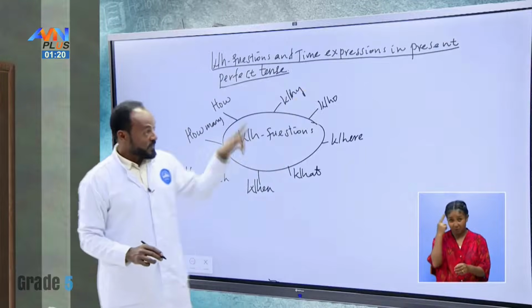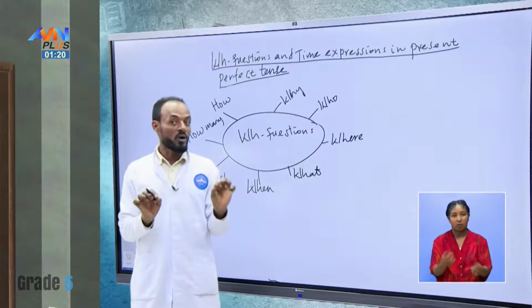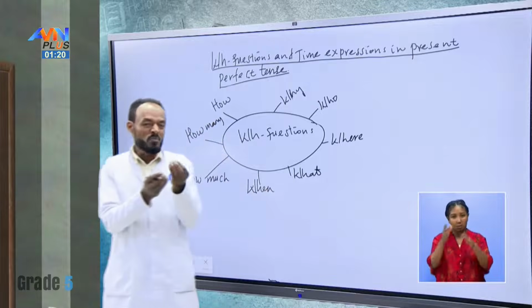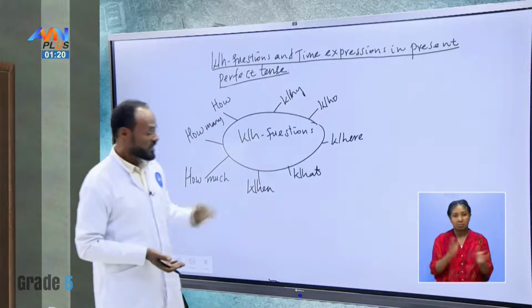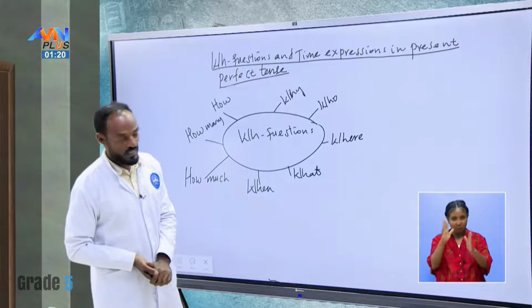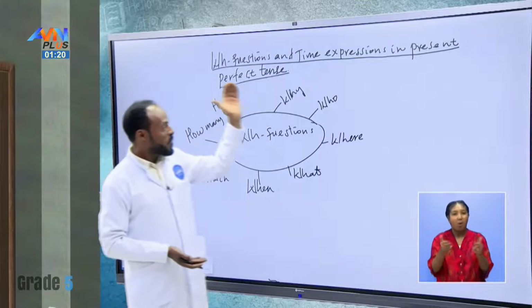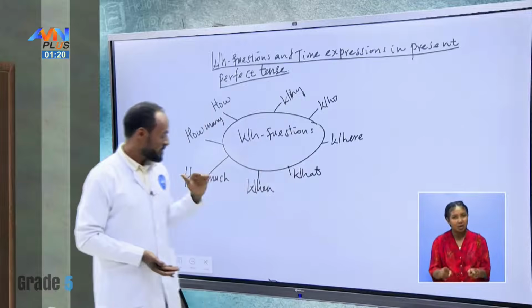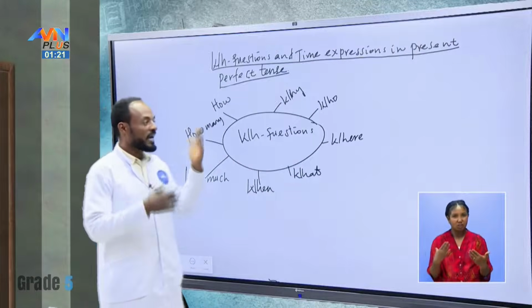Because in present perfect tense, our attention is not on the time. Our attention is on the result. So sometimes the time may not be mentioned, even if it is still possible. So students, how, why, who, where, what, when, how many, how much, and others can be used.